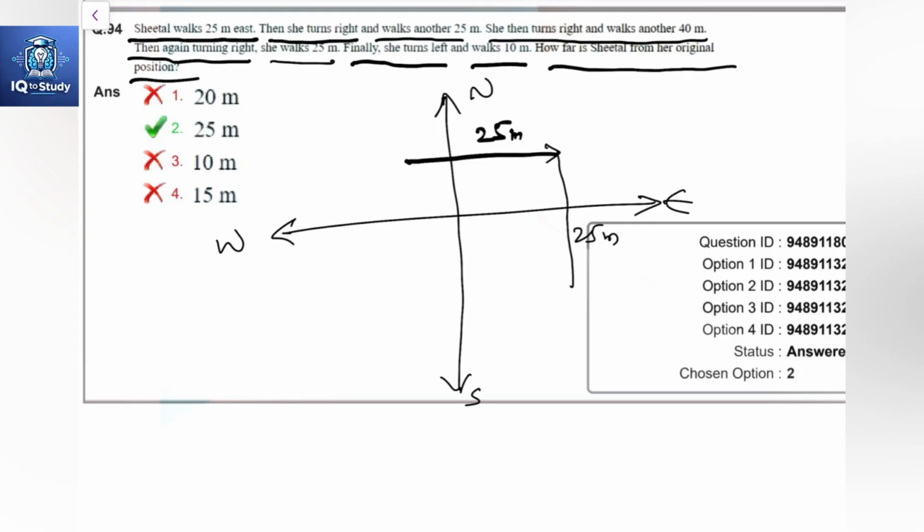She then turns right and walks another 40 meters. Then again turning right, she walks 25 meters. Finally, she turns left and walks 10 meters.